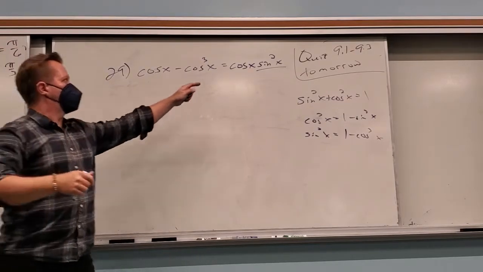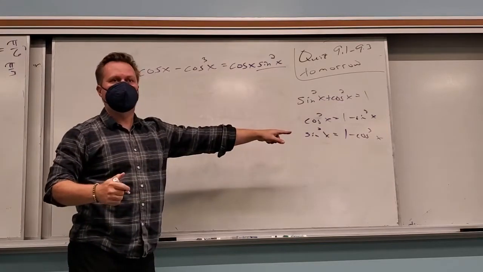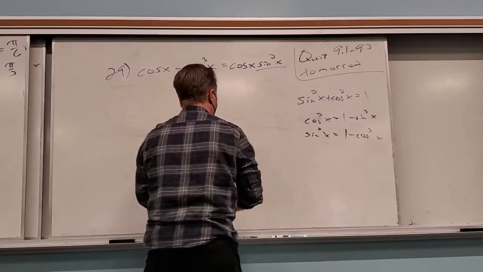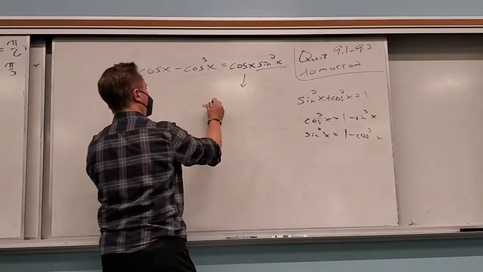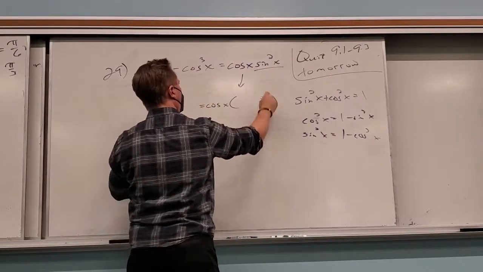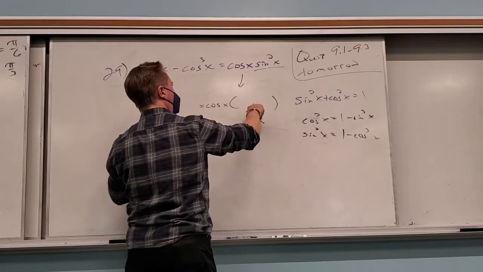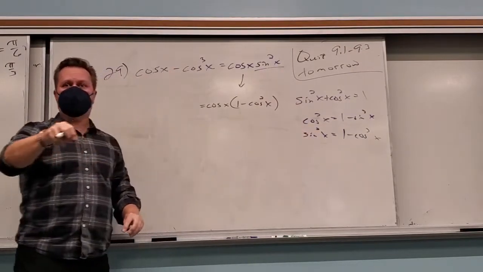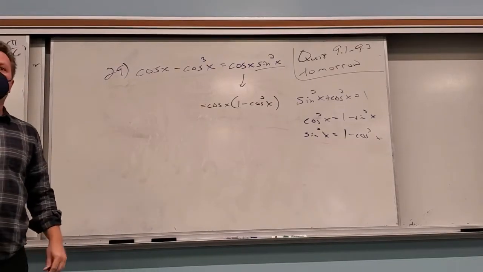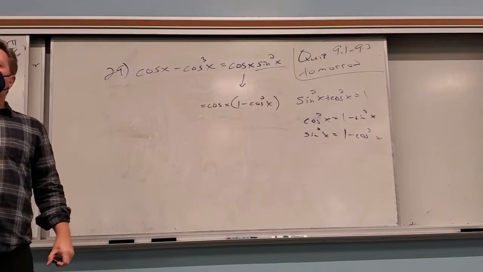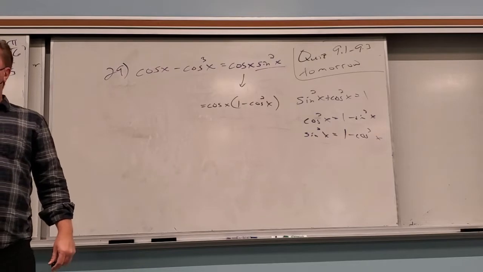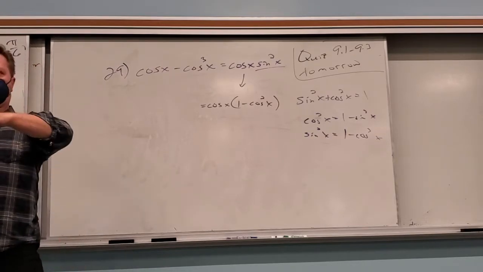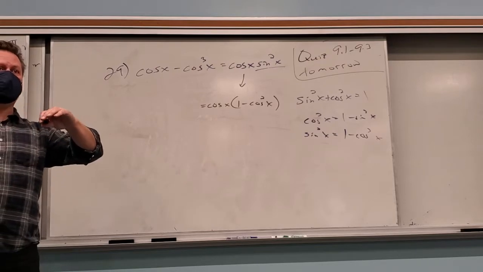So what do you get if you replace sine squared with what it is? So if I'm going to work with this side, what do I put here? Because that's what sine squared is, correct? So again, a huge part of this is understanding that when you're doing homework, you're completely allowed to look at notes, you're completely allowed to look at that sheet of identities, right?